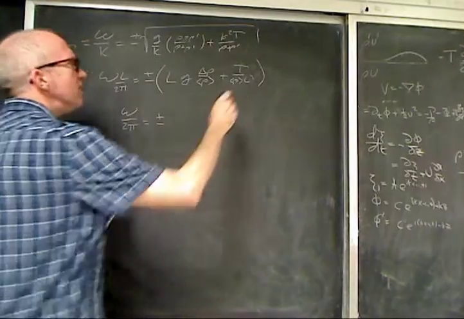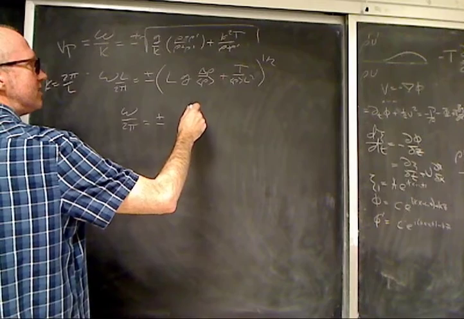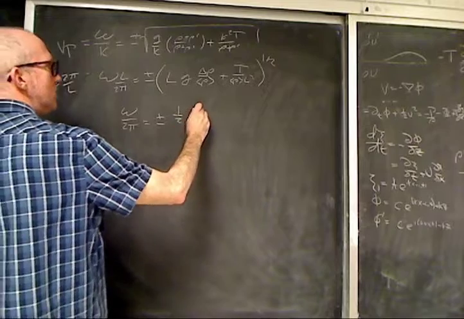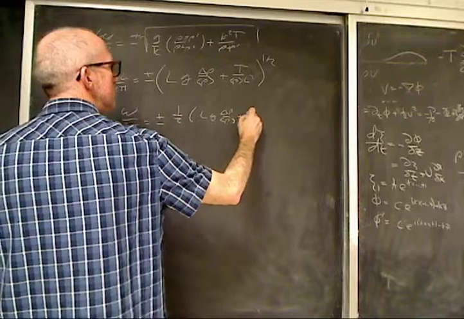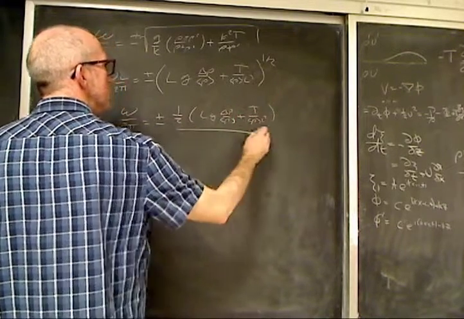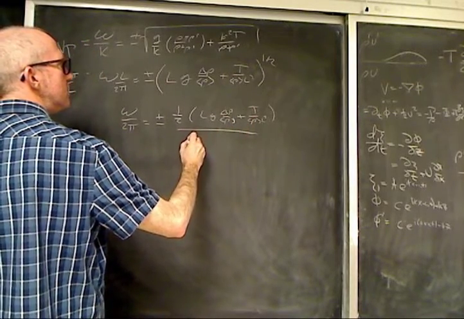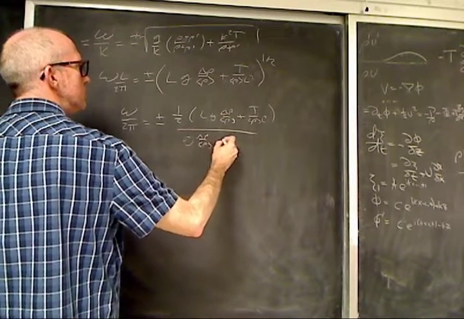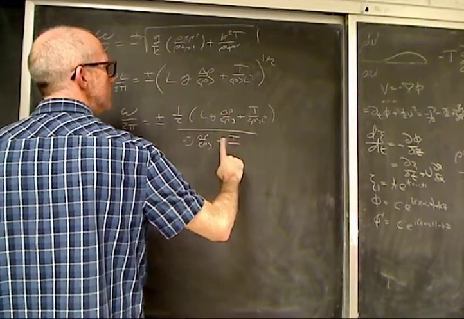If I screw something up, please holler, because this is not one that I remember exactly. Equals 1/2 times L G delta rho over average rho plus T over average rho, all squared, over G delta rho over average rho plus T over, the derivative at the bottom.